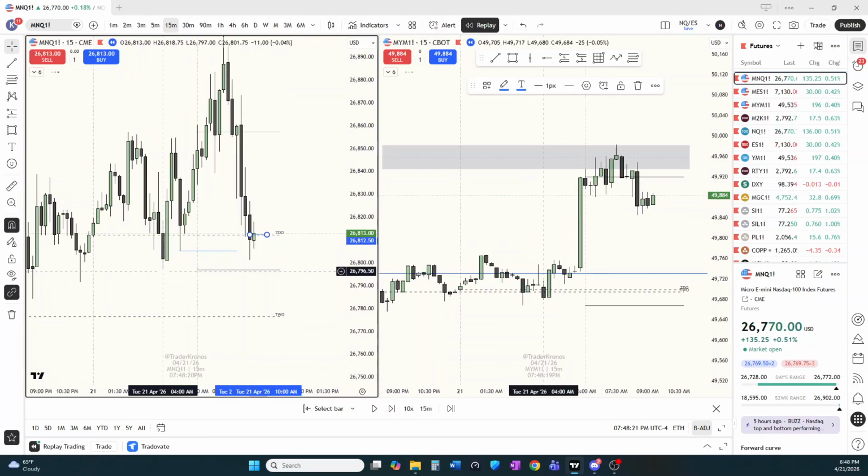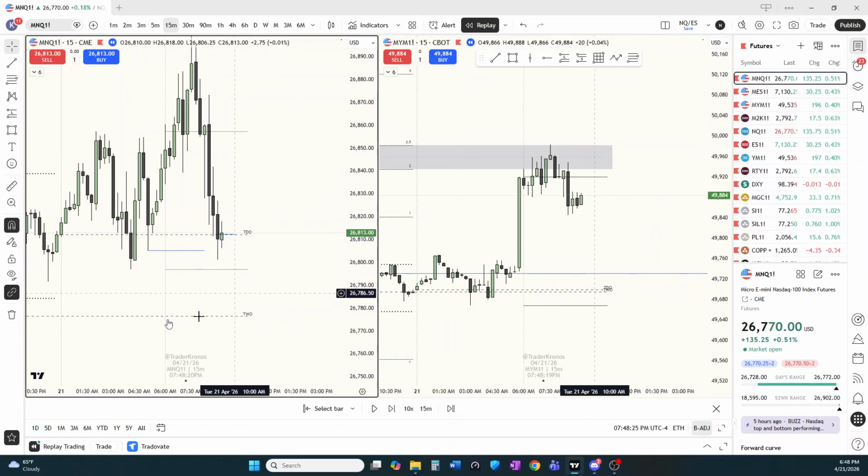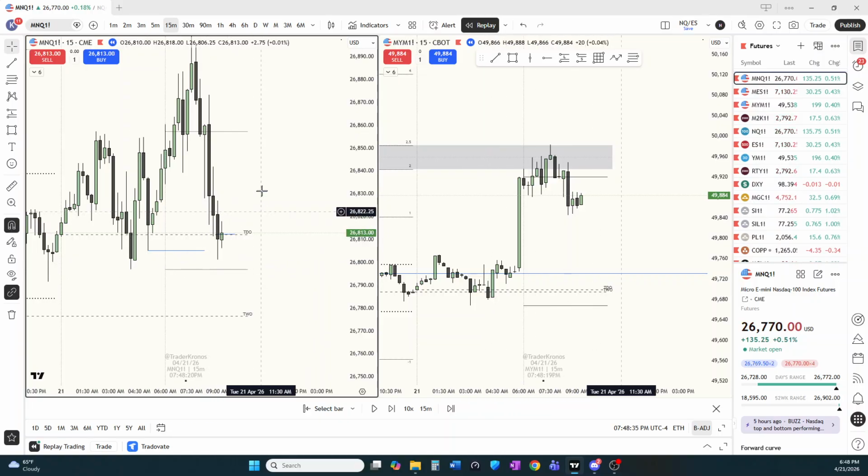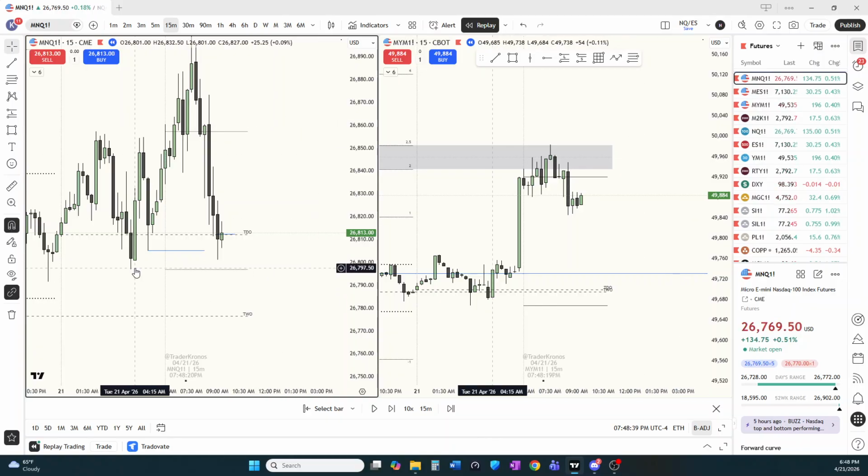We're just a few points away from London low. So why would I long here when London low is there to manipulate? So I want to wait till London low gets manipulated, or at least we trade away far enough from it to where that's not likely to happen.